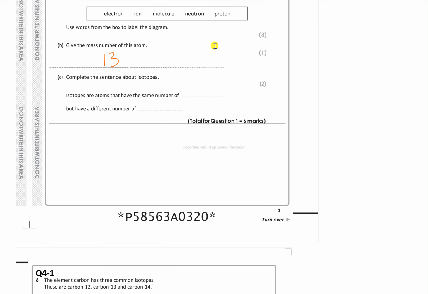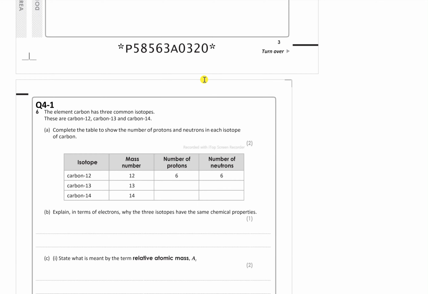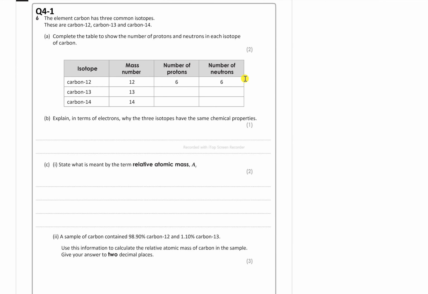Right, here's a definition of an isotope. Isotopes are atoms that have the same number of protons but have a different number of neutrons. There you go. Let's keep moving on. Right. Can you see the word isotope?